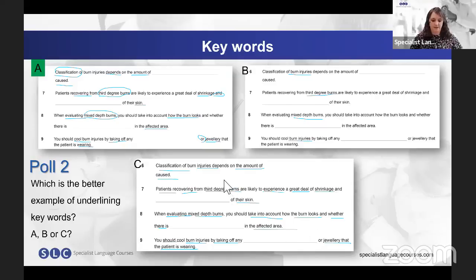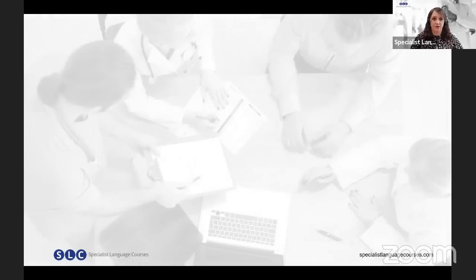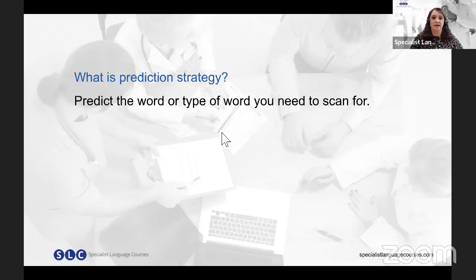All right, so let's take a look at prediction strategy. Some of you might be familiar with this if you've been preparing for your OET already, or you're familiar with exam strategies. But let's just run through what we understand by prediction strategy. So what is prediction strategy when we're looking at OET exams?